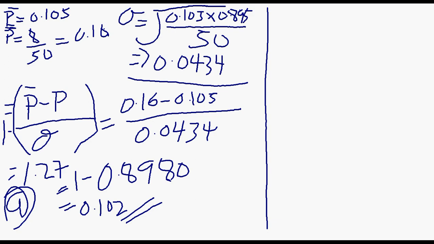So fewer than 5 will have a different population proportion. So now, fewer than 5, 5 divided by 50.